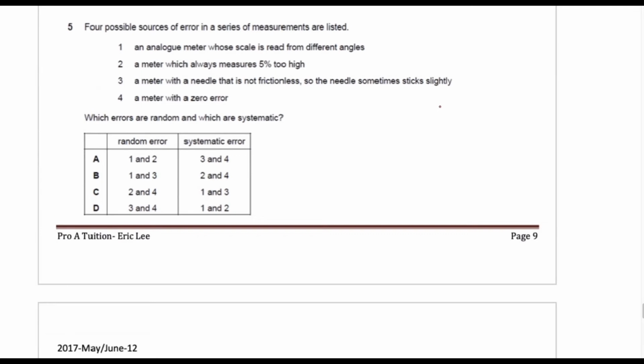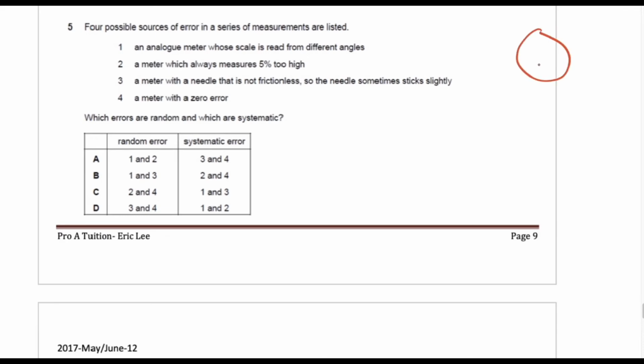Four possible sources of error in a series of measurements are listed. Number 1: an analog meter whose scale is read from different angles. Imagine something like this, your analog meter.